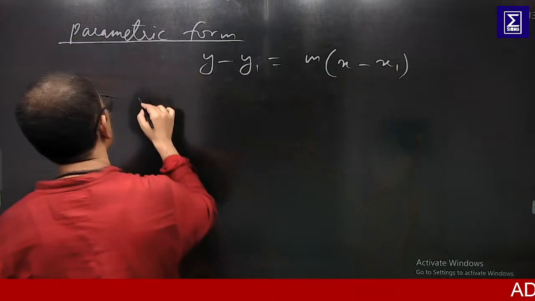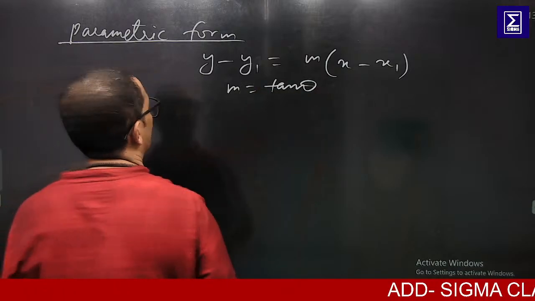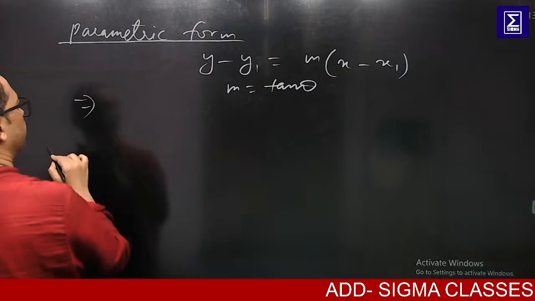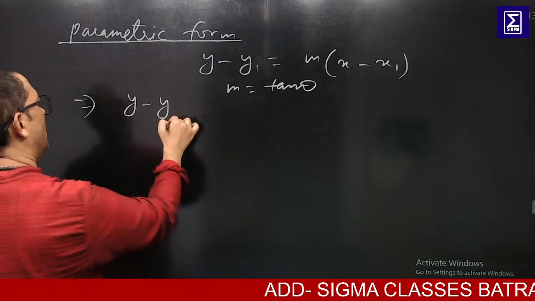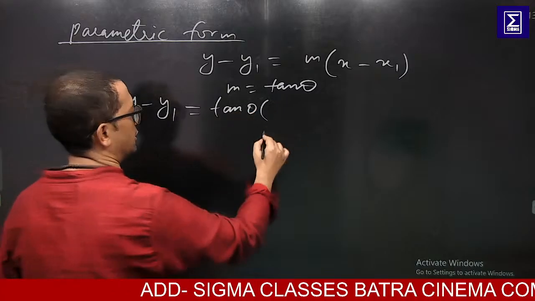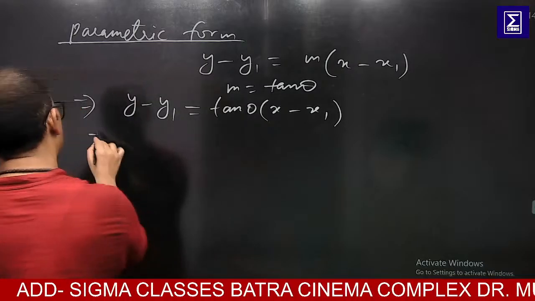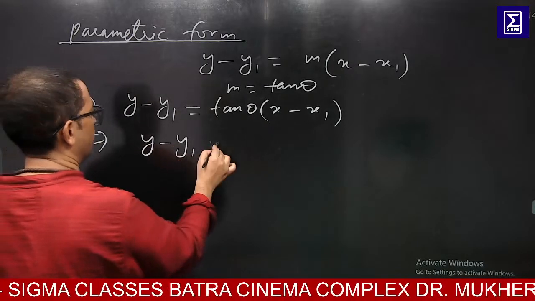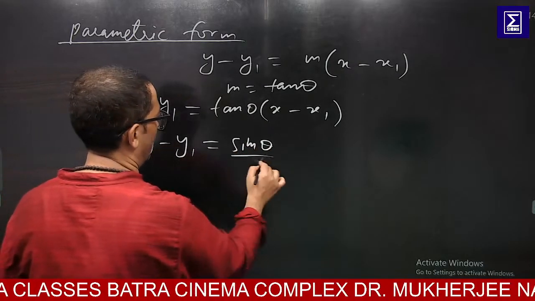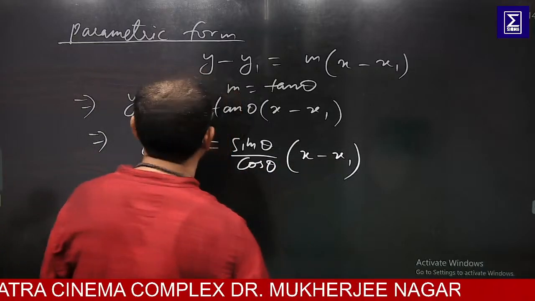So here m is nothing but tan theta. So we can write here y minus y1 is equal to tan theta times x minus x1. So y minus y1 is equal to sin theta over cos theta times x minus x1.